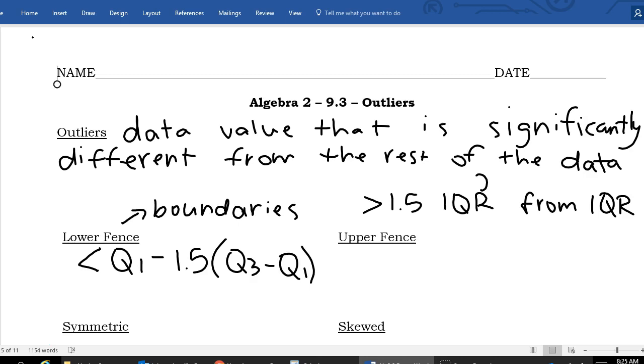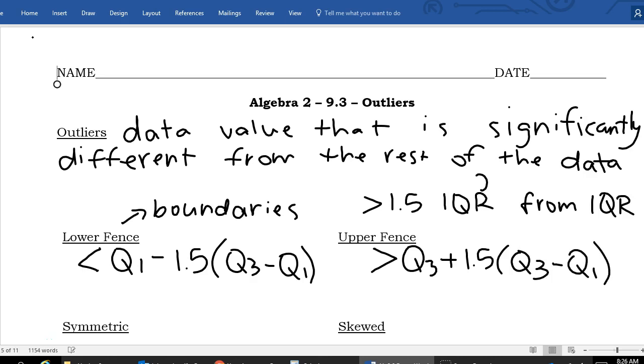And then the upper fence would be any data value greater than the third quartile plus 1.5, again, times the interquartile range, Q3 minus Q1. So any data value lower than the lower fence or higher than the upper fence would be an outlier.